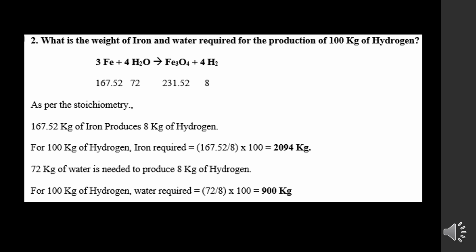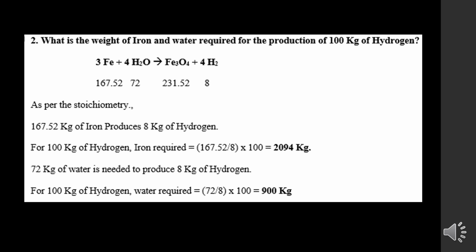For 100 kilogram of hydrogen, iron required is equal to 167.52 divided by 8 into 100, which is 2094 kilogram. Similarly, 72 kilogram of water is needed to produce 8 kilogram of hydrogen. Therefore, for 100 kilogram of hydrogen, water required will be equal to 72 divided by 8 into 100, where we are getting 900 kilogram as the answer.